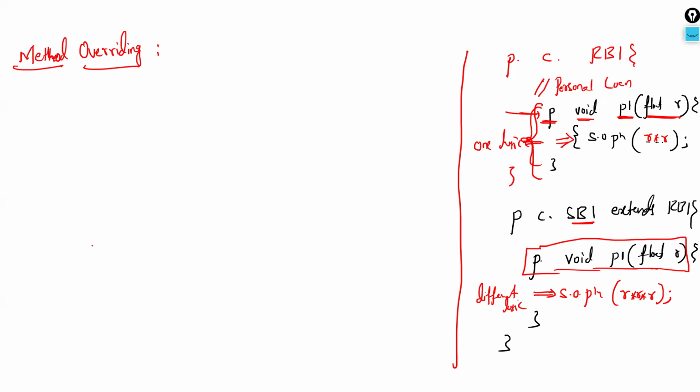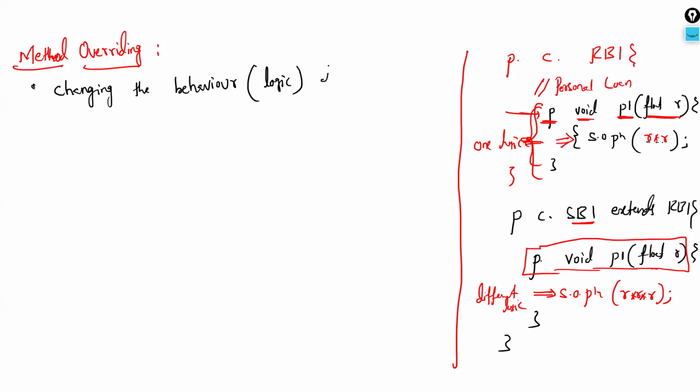So what is the definition of method overriding? Changing the behavior. Behavior means the logic part.